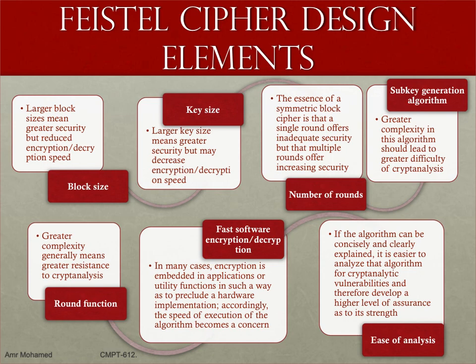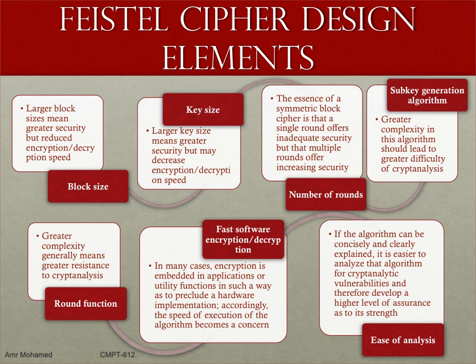Then we started to talk about the Feistel structure, which is recommended by NIST as a critical structure for achieving symmetric cryptography. And we talked about the different characteristics that affect the properties of the Feistel structure, starting from the block size, the key size, and so on, all the way until we talked about the ease of analysis.